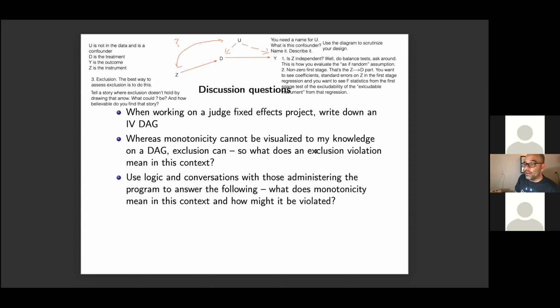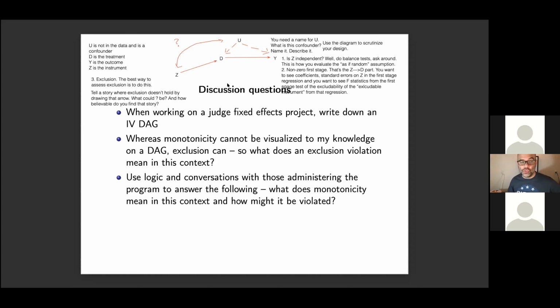Okay? We can do it. But if we do it, we've got to escalate the work that we do. We've got to present the strong arguments for the strong instruments. Strength in the first stage, strength of exclusion.